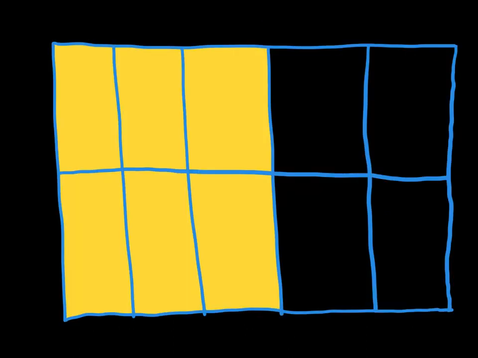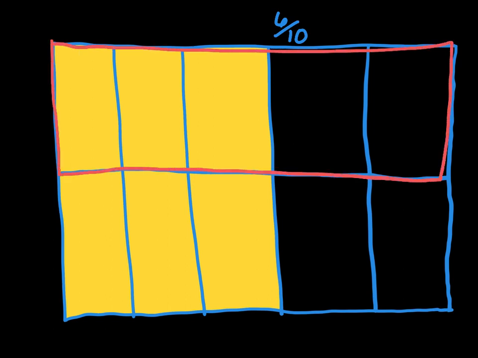Okay, the next one. This area model is showing 6/10. And if we cut this 6/10 into this row right here, we would show you that this is equal to 3/5. And how did we get that? Well, we used the area model, but we can also do it by division.